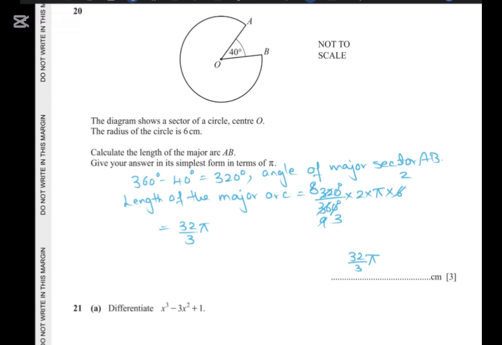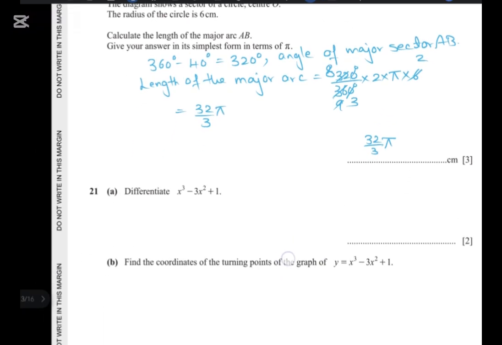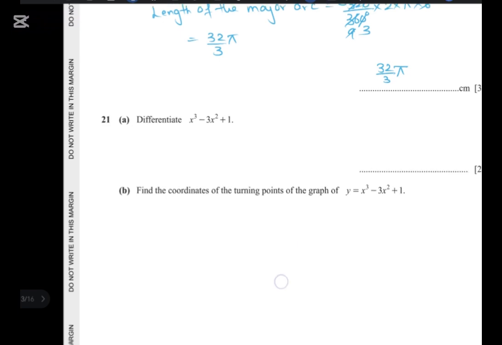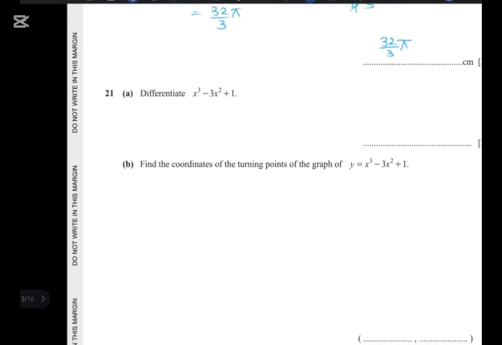Yeah. Question number 21 now. Differentiate x cube minus 3x square plus 1. We need to differentiate the given expression, a cubic trinomial it is.